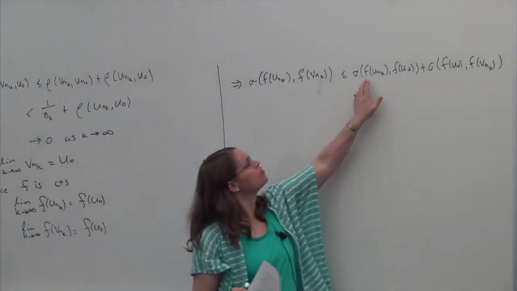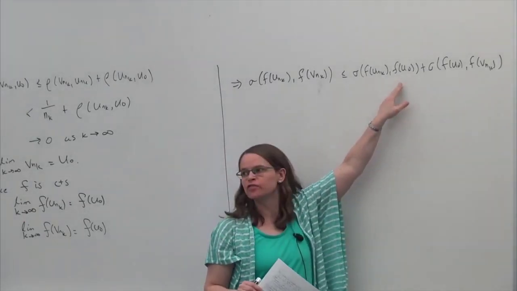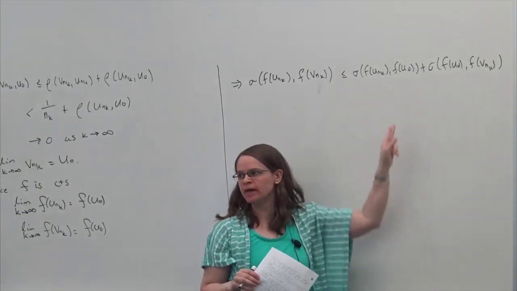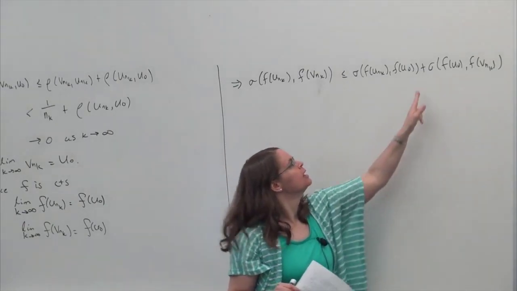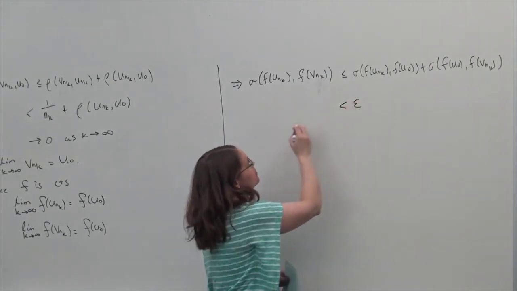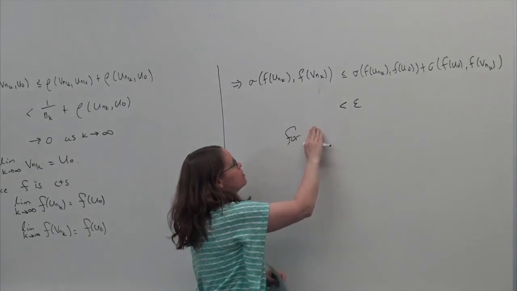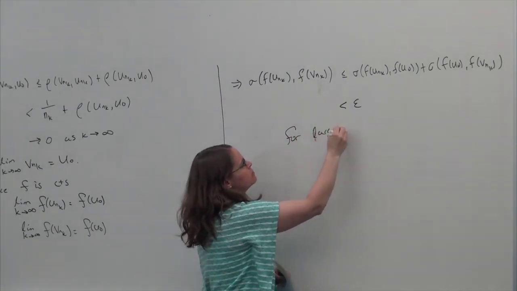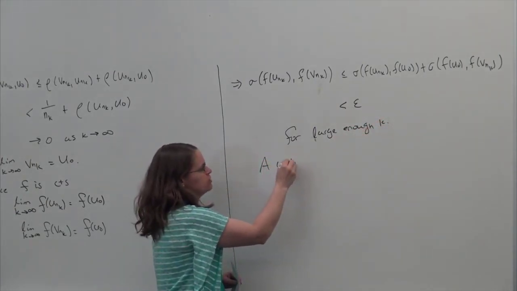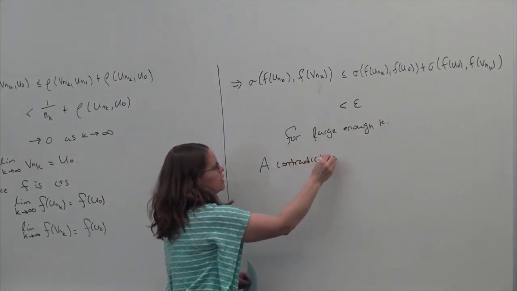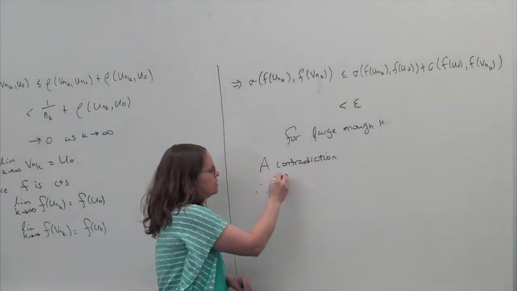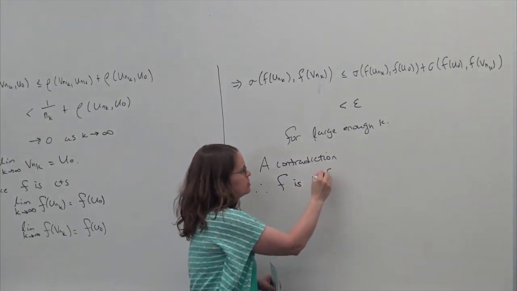Again, we know that f of u_k converges to f of u naught. What that means, by definition, is that the distance between them can be made as small as I like. Similarly here, so this sum can certainly be made less than epsilon for large enough k. Okay, so this is a contradiction. And therefore our assumption was bad, and it must be actually f is automatically uniformly continuous.